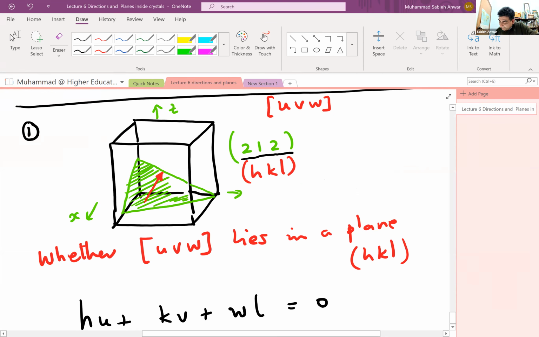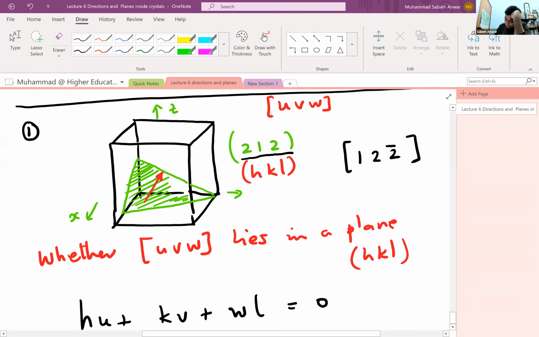For this particular plane, can you identify a direction that would lie inside it? 1, 2, minus 2. 2 times 1, so exactly, this direction 1 2 2-bar will lie inside this plane, and I can make an attempt at drawing this direction, and you could do this as homework perhaps.